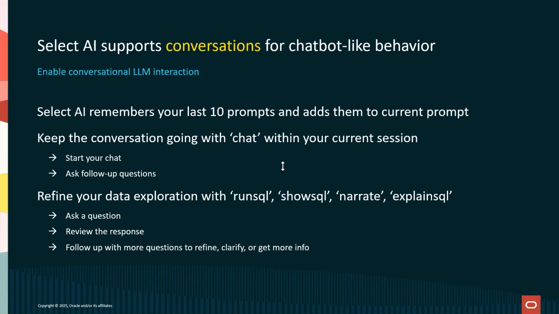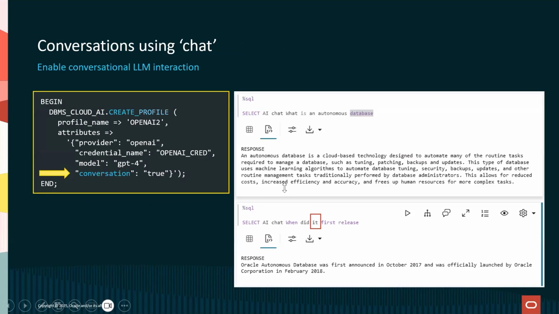Let me continue. Talking about conversations using chat, we can enable conversations with an attribute called conversation, which is set to true. We ask a question to the LLM, what is autonomous database, using a chat action.